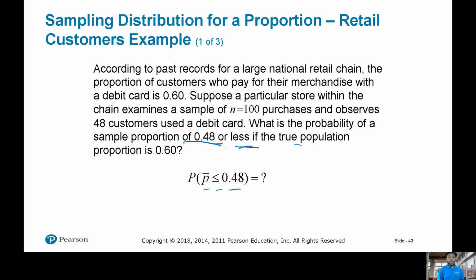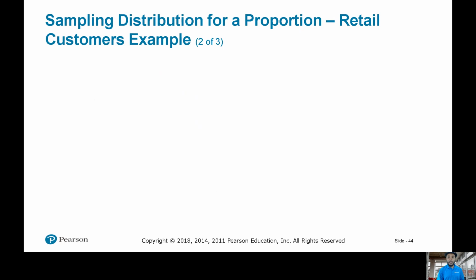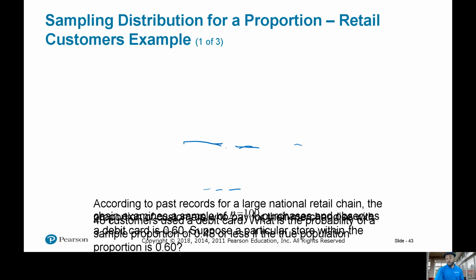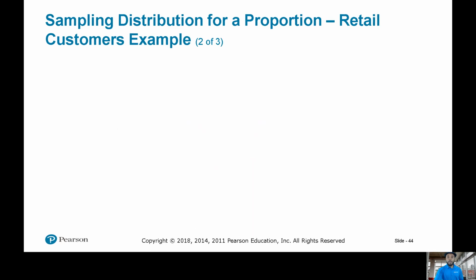Okay, so now that we know what we're trying to find, I showed you how to find the standard error, which is the sampling distribution standard error or standard deviation.